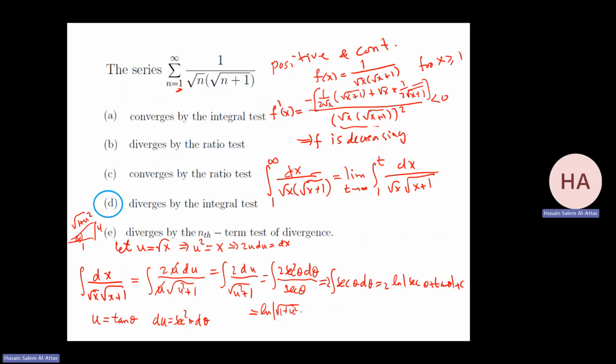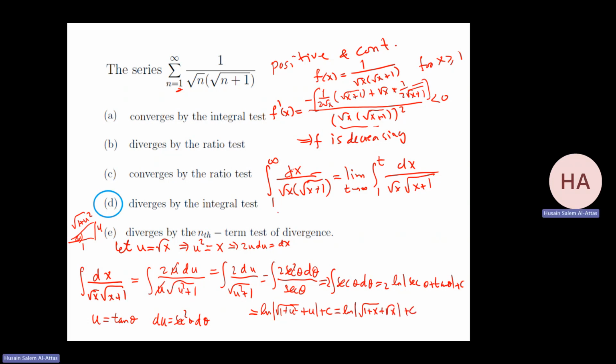And tan is u, plus c. What is u? u squared is x, and u is square root of x, plus c.